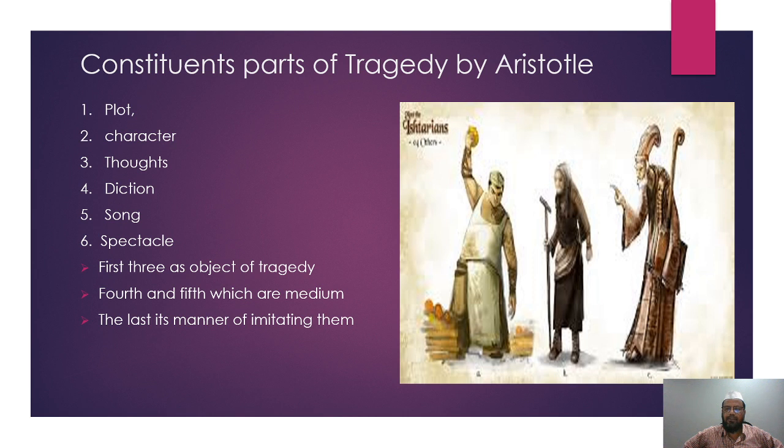This is how plot results into organic whole. The second constituent part is character. The third is thoughts. Fourth one is diction. Fifth one song, and sixth one is spectacle.